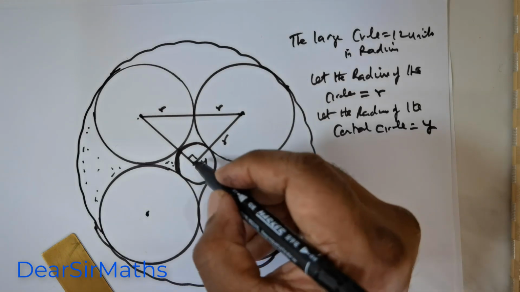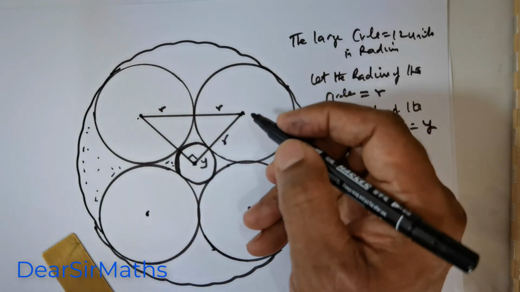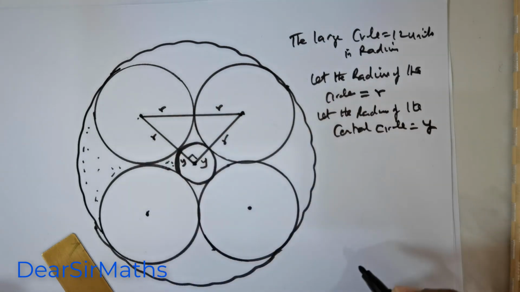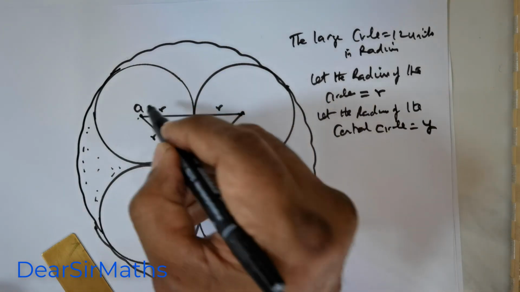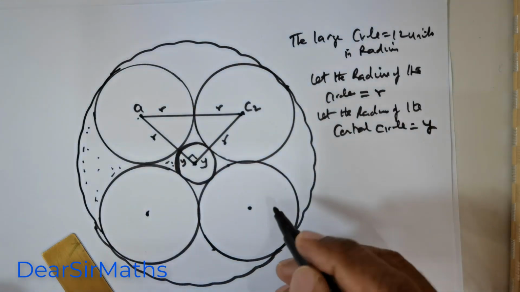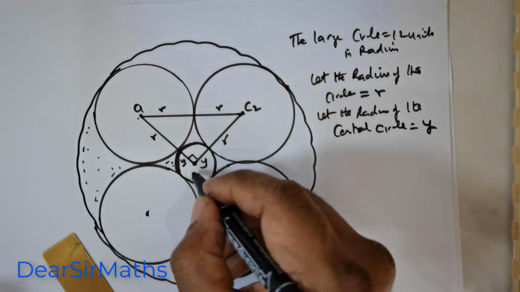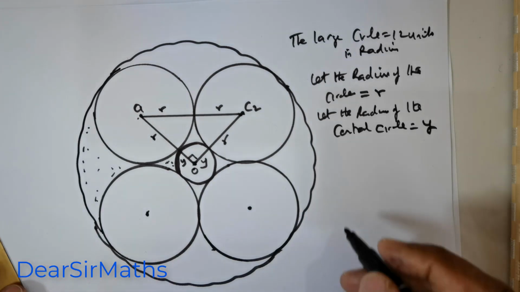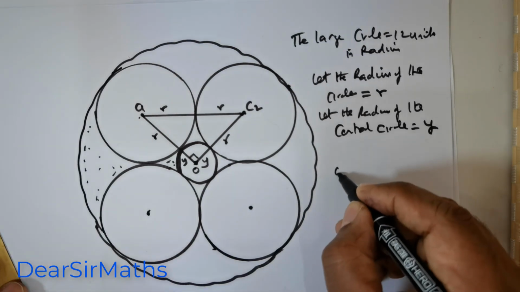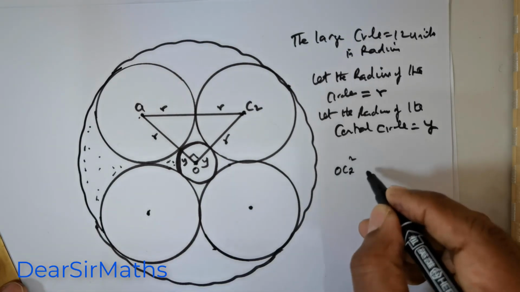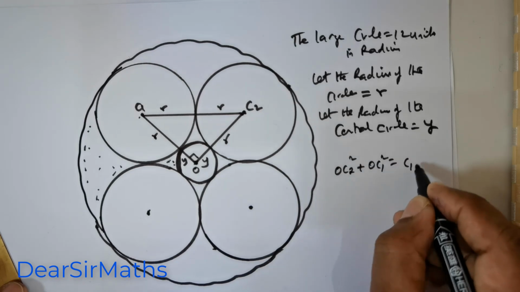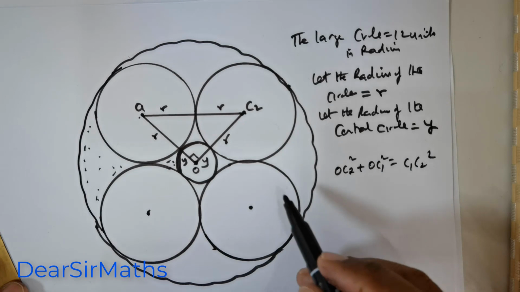So since they are making an angle of 90 degrees, I can use Pythagoras. This is going to be y units, this is going to be r units. If I take this as C1, C2, this is C3, C4, and I take this point as some O, then clearly by Pythagoras, OC2 squared plus OC1 squared is equal to C1C2 squared.